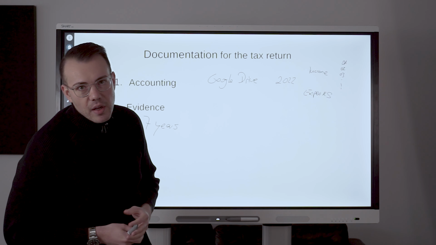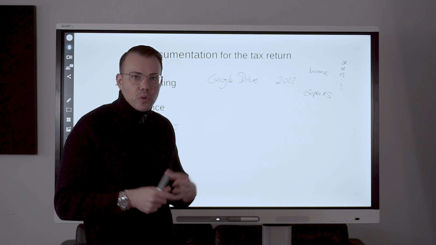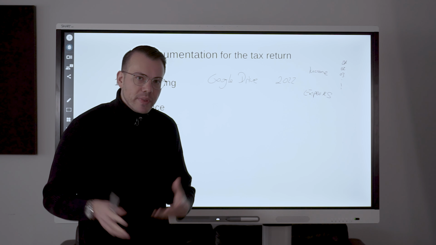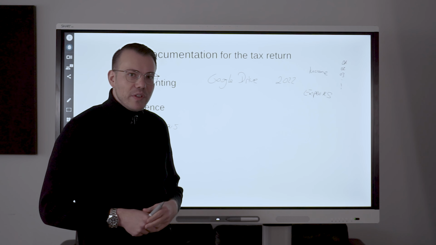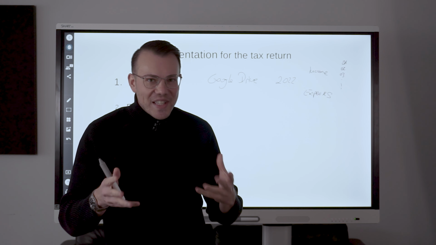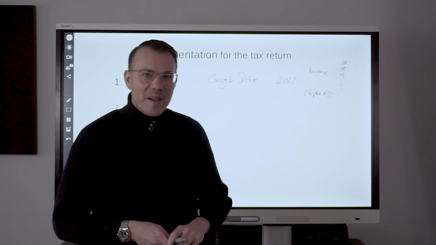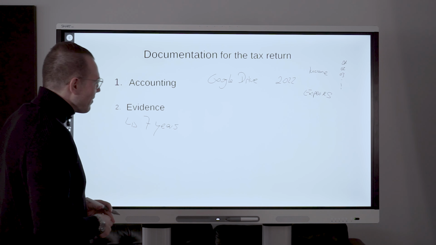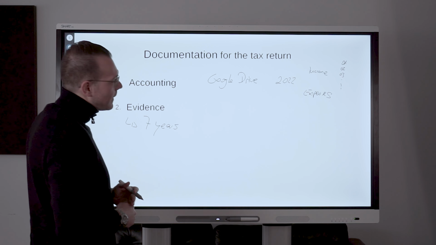They might want to see the receipts, and if you don't have the receipts handy, then you might have issues. And having issues with the tax office in Germany is one of the things you should definitely avoid here in Germany. So this is how you do the accounting.